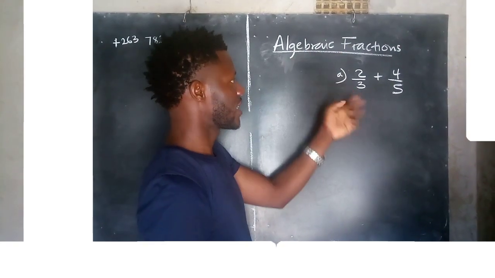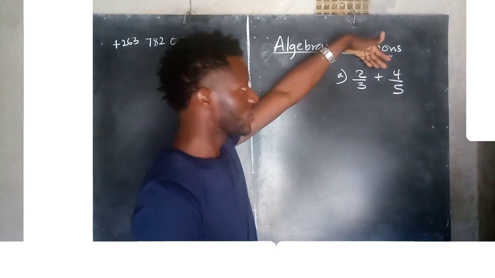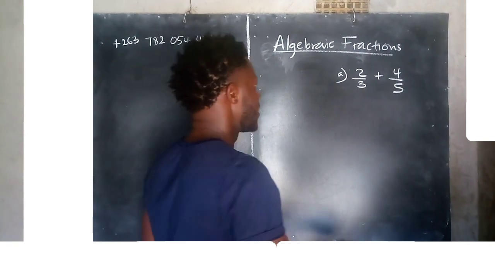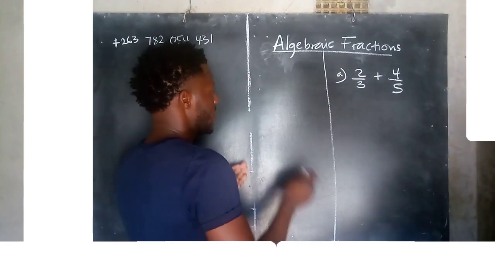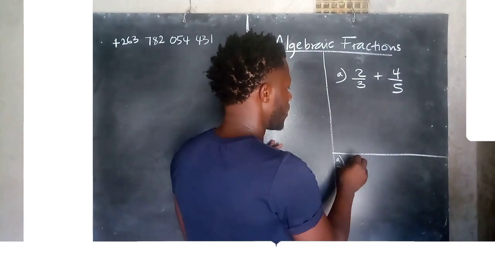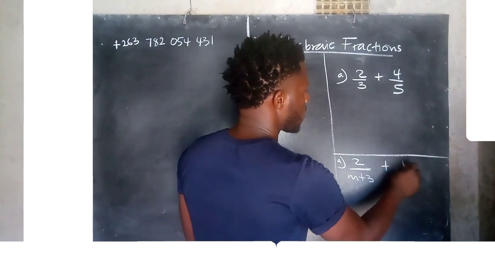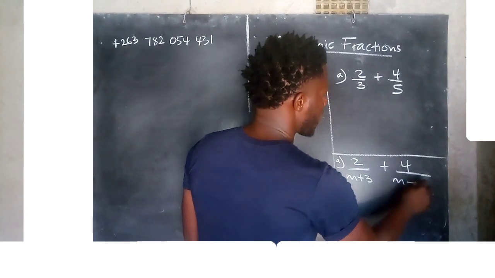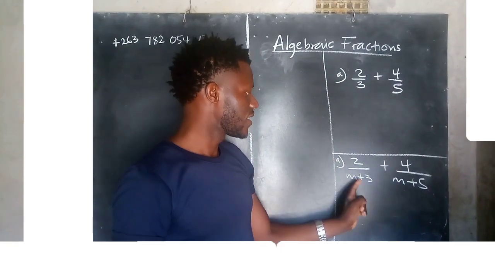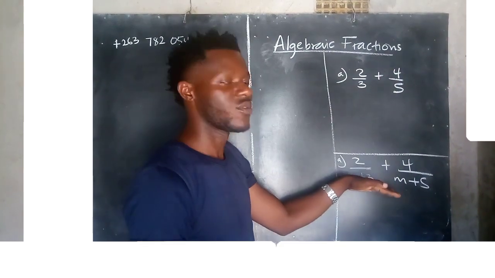It's not an algebraic fraction, but the skill that we are going to use to handle this situation is the same skill that we'll be using when handling algebraic fractions. By algebraic fractions, I mean we might have a situation like this: 2/(m+3) plus 4/(m+5). This is an algebraic fraction. The same skill that we use here is the same skill that we'll be using here.